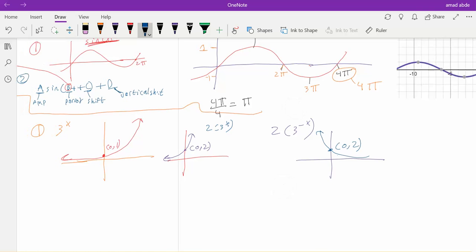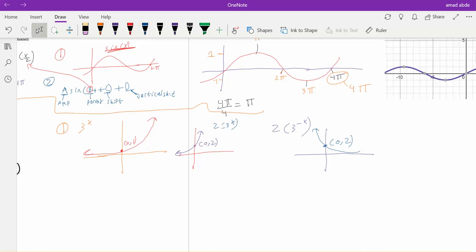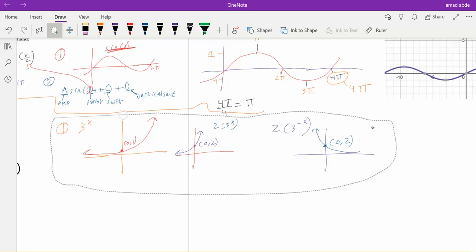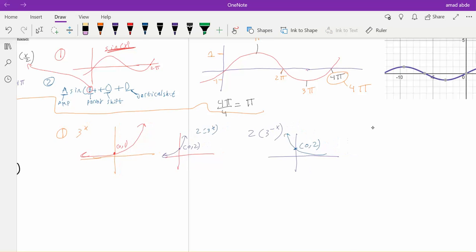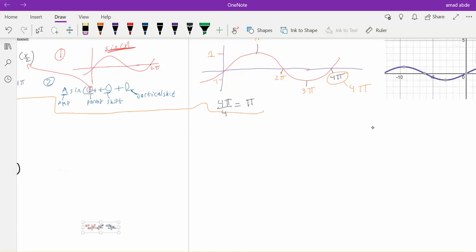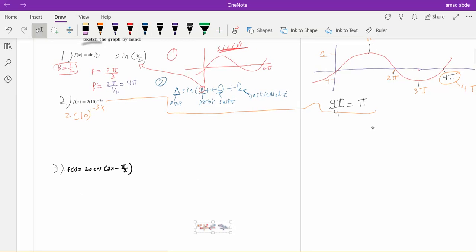Okay, so let's use these facts to graph the thing we're asked to actually graph. So 2 times 10 to the negative 3x. Okay, let's first draw the axes. We know it's 2 times this number, which means that the graph is going to pass through the point 0, 2.